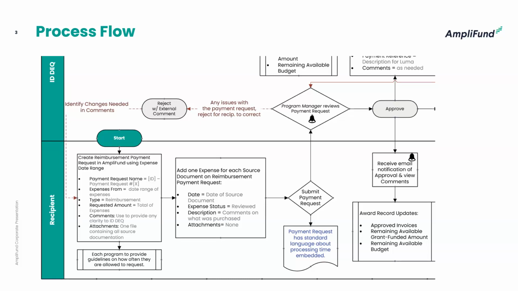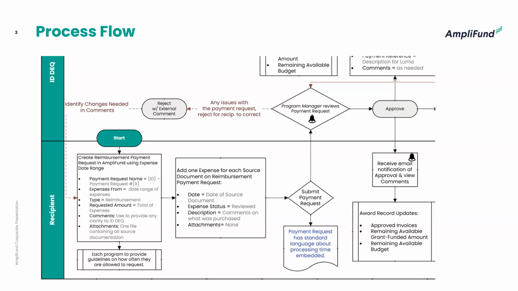The DEQ team will be approving it through AmpliFund. And then once you've submitted a payment request through the system, those at DEQ will get a notification that that payment request has been submitted. They will take a decision, whether that's an approval or a rejection. That decision will be communicated down to you as well via an email notification. So you'll be notified as soon as that payment request is either approved or rejected.